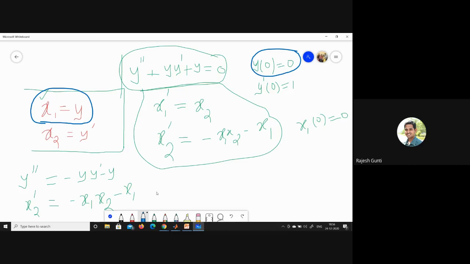Next, y dash 0 is equal to x2 of 0. y dash 0 is 1, so x2 of 0 is 1.